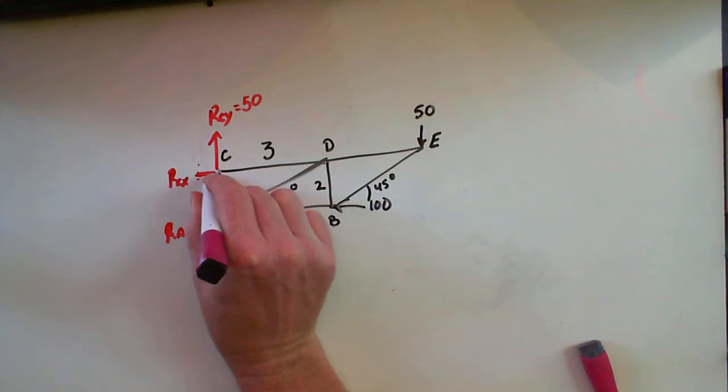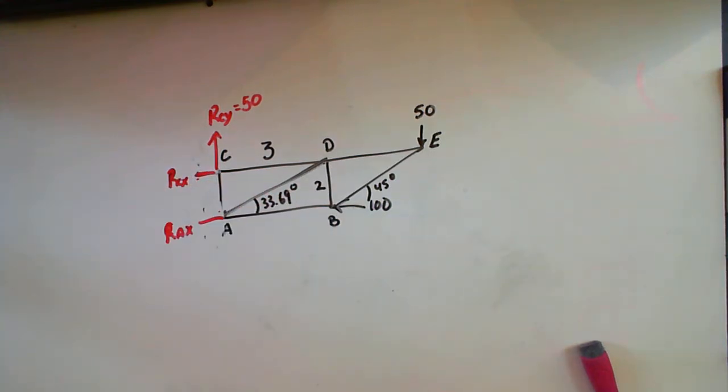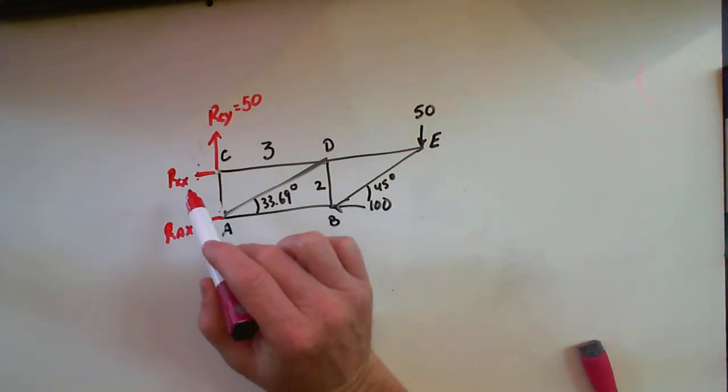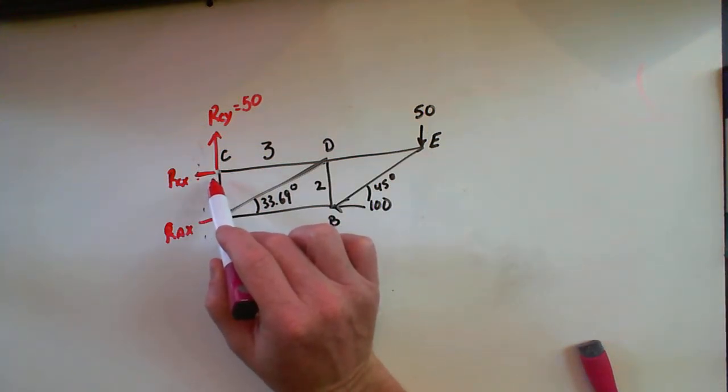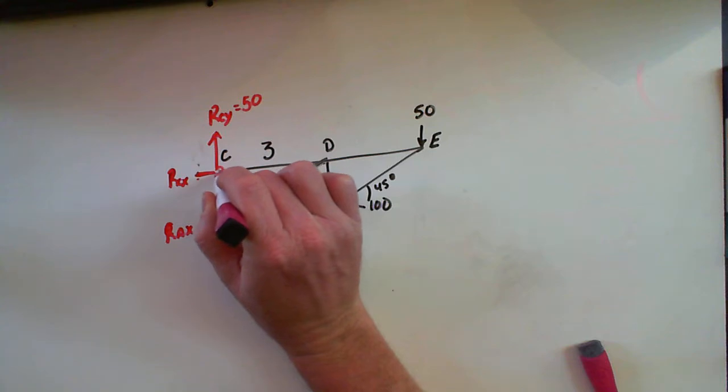Now we are going to have to calculate the reactionary force of C with respect to X or the reactionary force of A with respect to X. It does not matter which one you choose. I am going to calculate for A. So what I need to do is say, all right, C will be my pivot point.